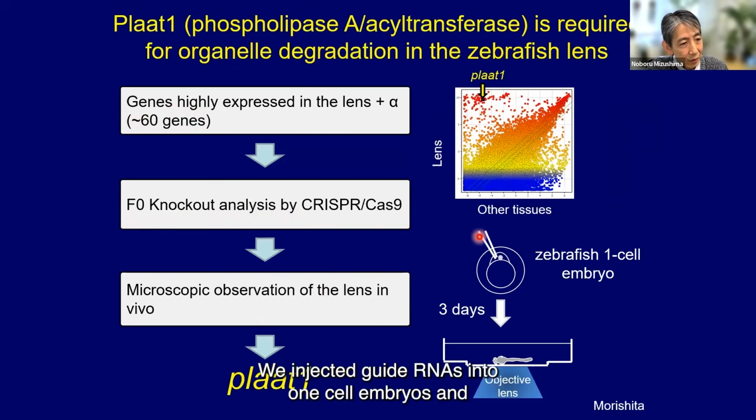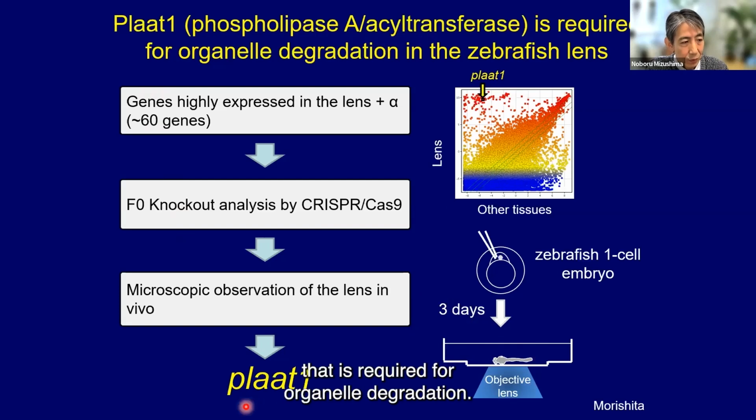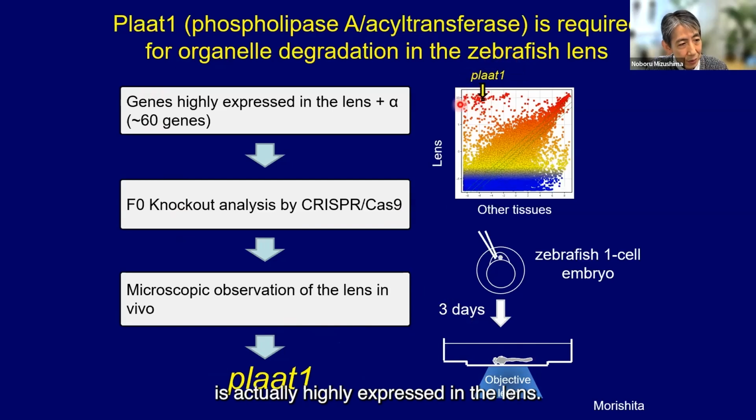We injected guide RNAs into one-cell embryos, and after 3 days, we directly observed the lenses of these fish. Finally, we identified PLAAT1, that is phospholipase A/acyltransferase, as a gene that is required for organelle degradation in the lens. PLAAT1 is highly expressed in the lens.